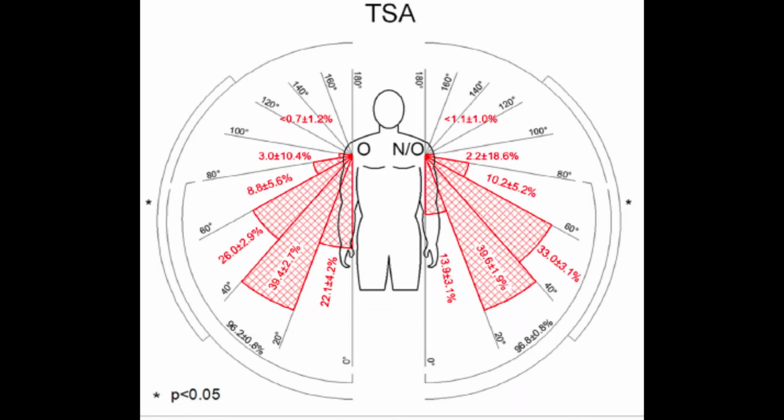One of the prices of extreme mobility in the shoulder joint is instability. The concept is that the more mobile a joint is, the less stable it is, and the more stable the joint is, the less mobile it is.